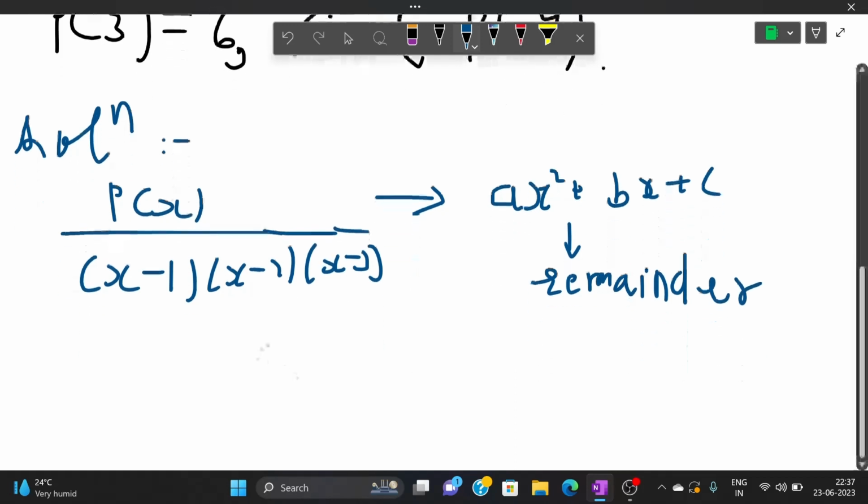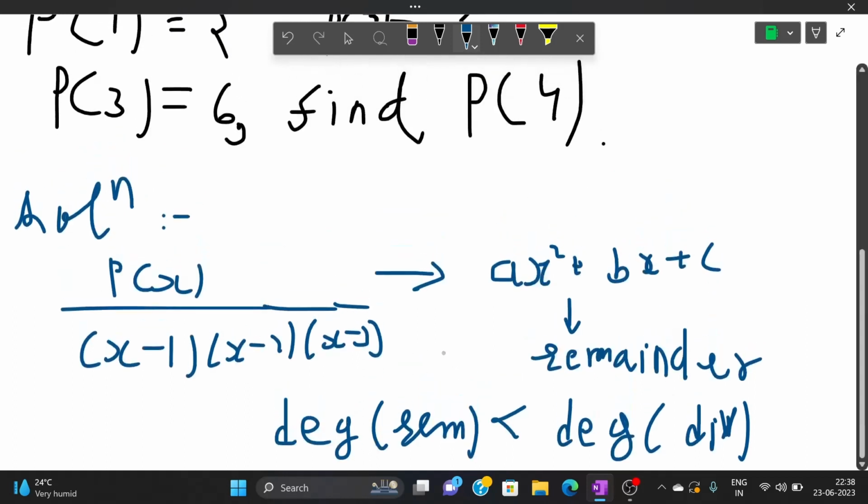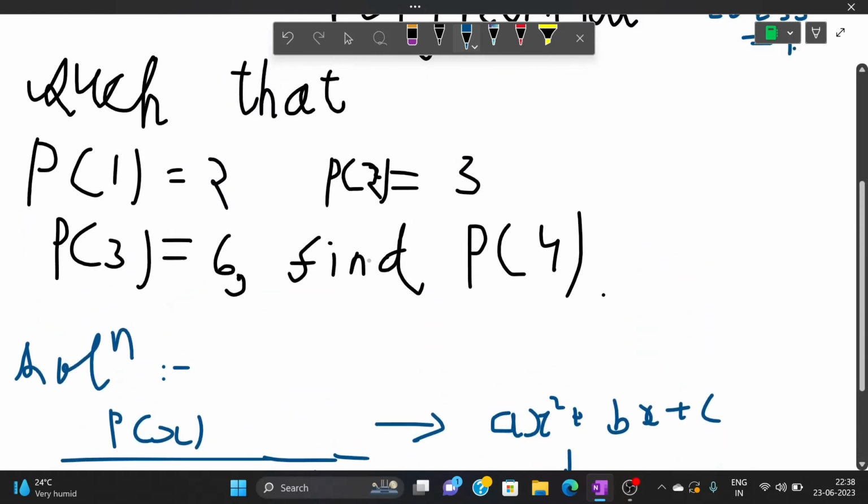Since degree of remainder is less than degree of divisor, I will have this for sure.